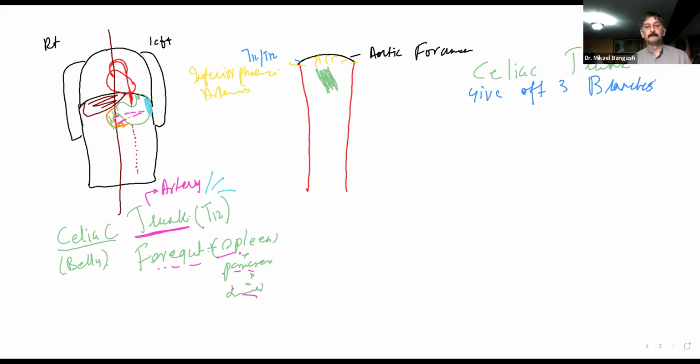Did you guys get that? So your celiac trunk is going to give off 3 branches.